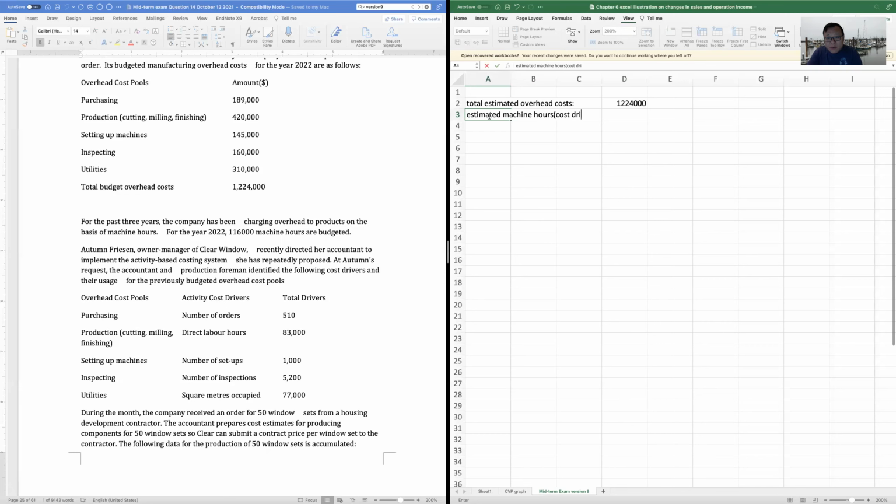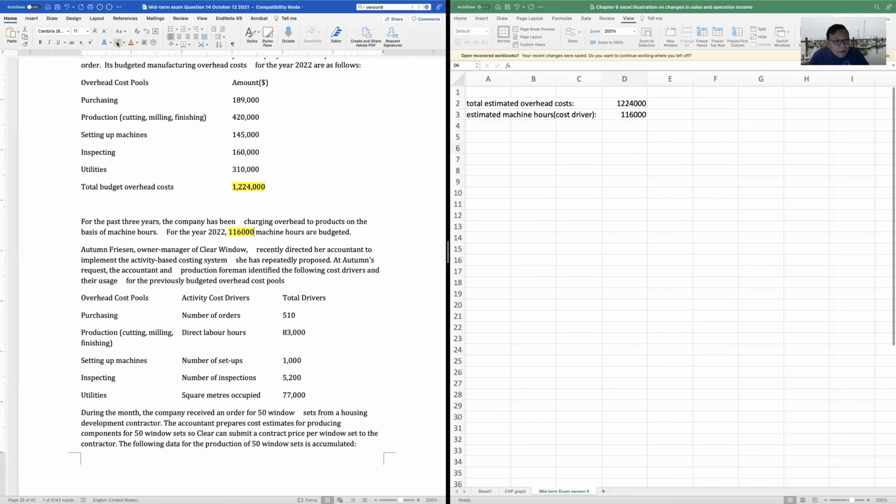The cost driver. So this number is 116,000. I am using this number, and I'm using this number.